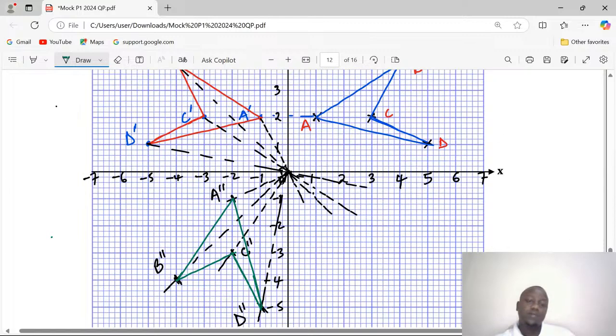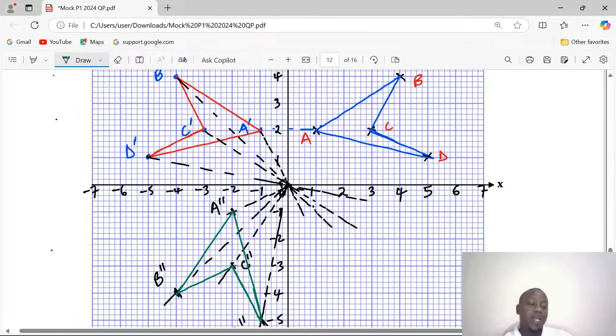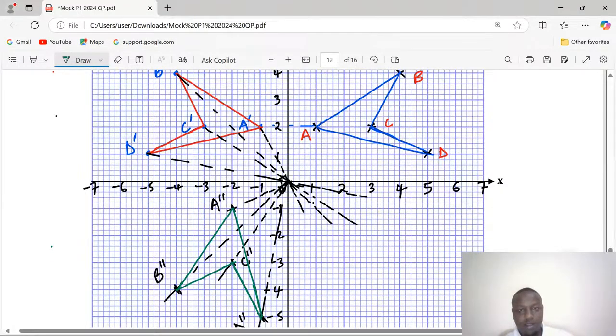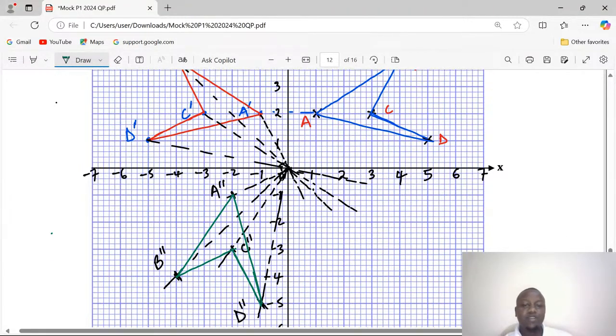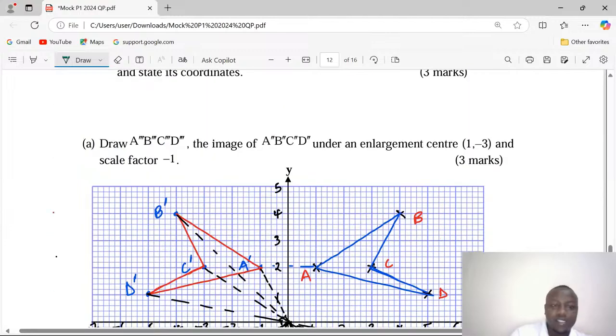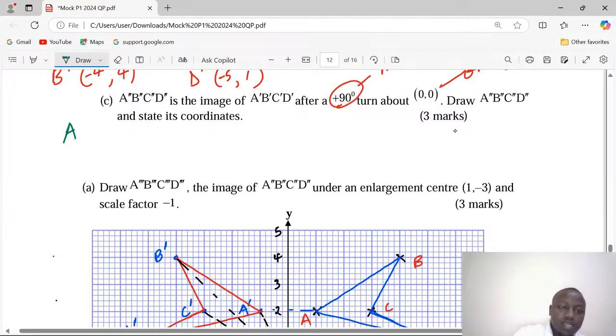So after the rotation, that is where we're going to have the second image, which means we can come up with coordinates.